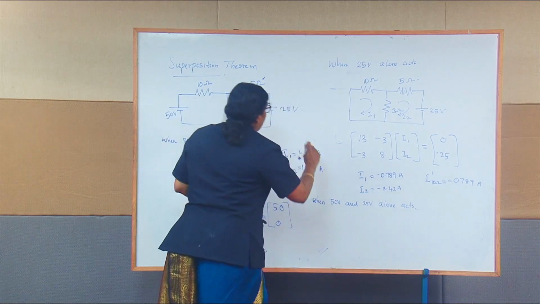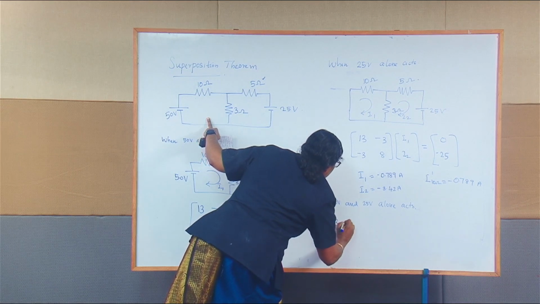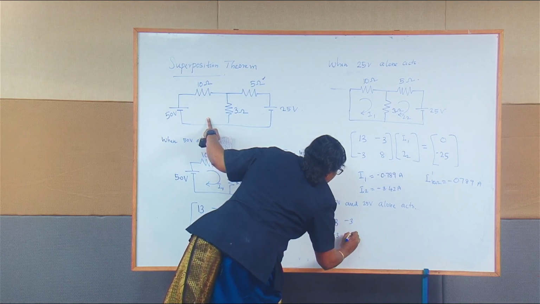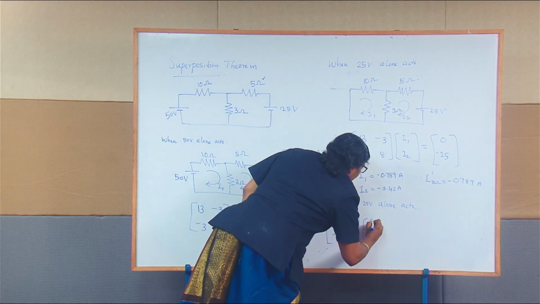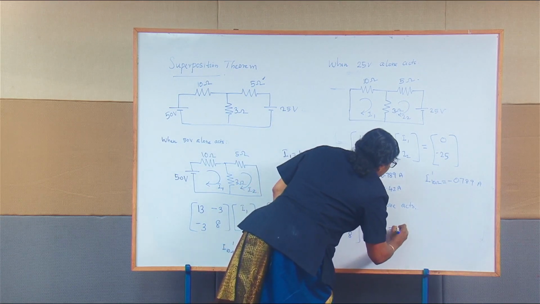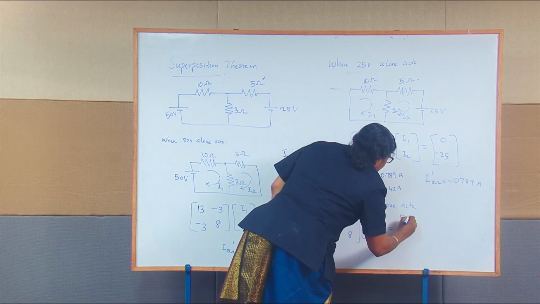So directly I can write it from this itself. The equation is 13, minus 3, minus 3, 8, I1 I2, equal to 50 and 25 minus 25.